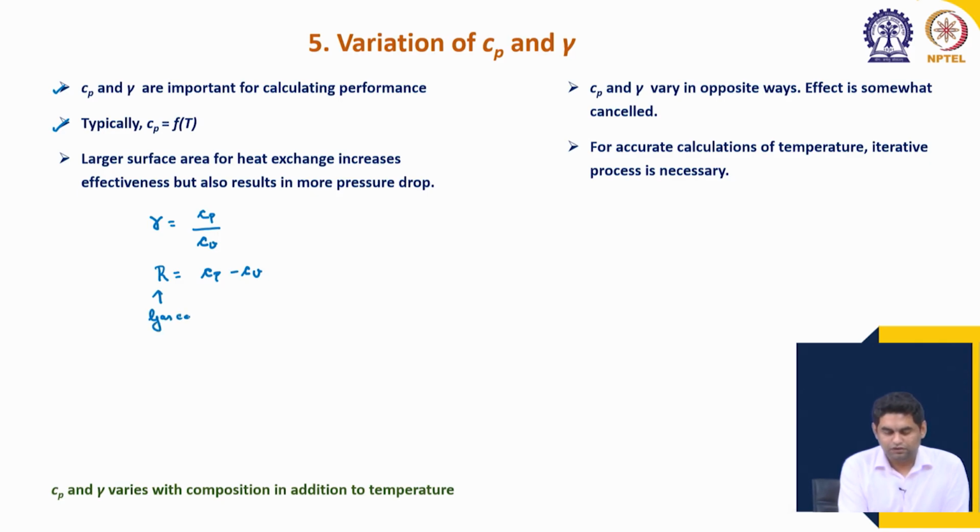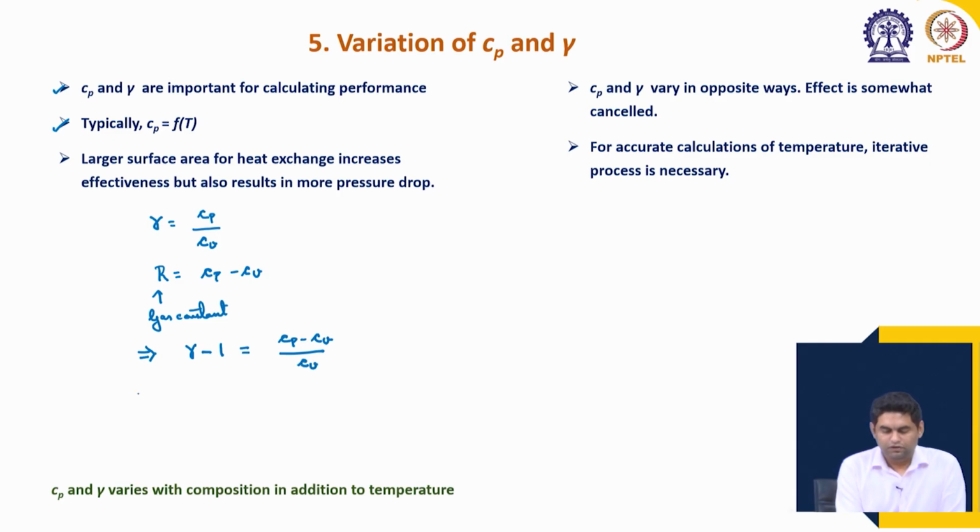So, we can write gamma minus 1 equal to (Cp minus Cv) by Cv.